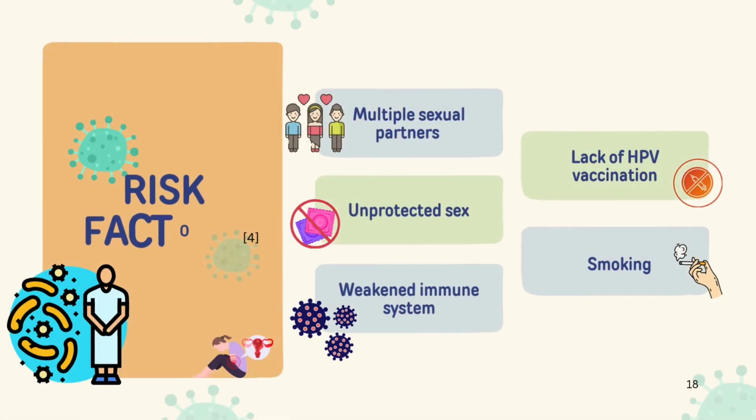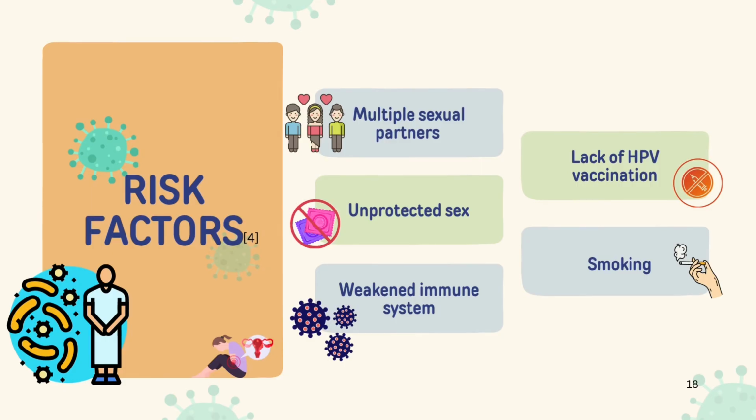Now let's look at the risk factors, or things that increase the chance of getting an HPV infection and developing koilocytes. First, having multiple sexual partners increases the chance of being exposed to HPV. Second, unprotected sex also increases risk since HPV spreads through skin-to-skin contact. Third, a weakened immune system, like in HIV patients, makes it harder for the body to fight off HPV.